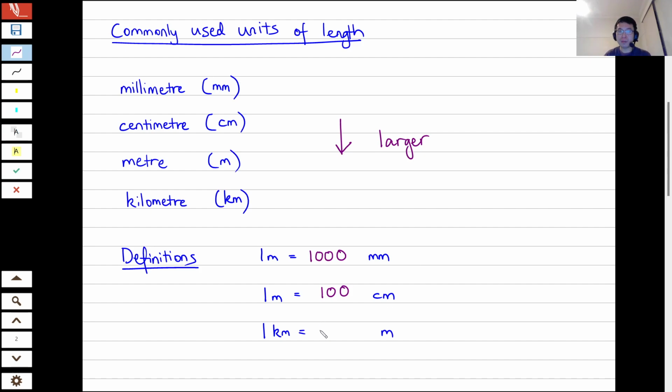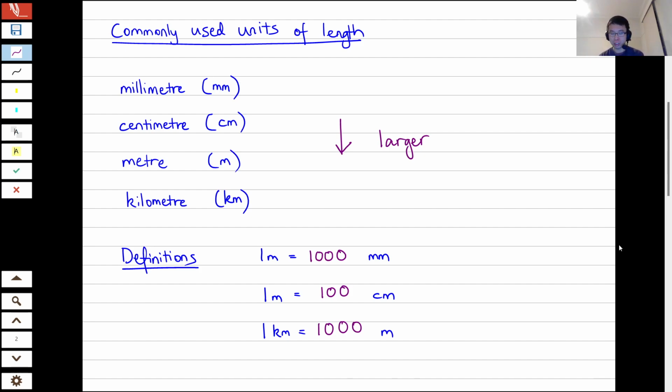And finally, I need to know that 1 kilometer is the same as 1,000 meters. As long as I know these 3 facts, I have enough information to do what we call conversions. That is, changing from one unit to another.